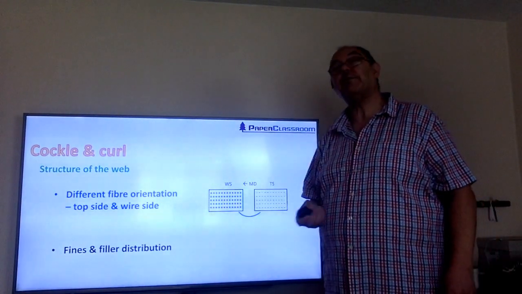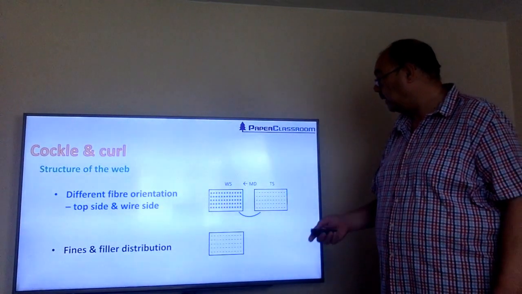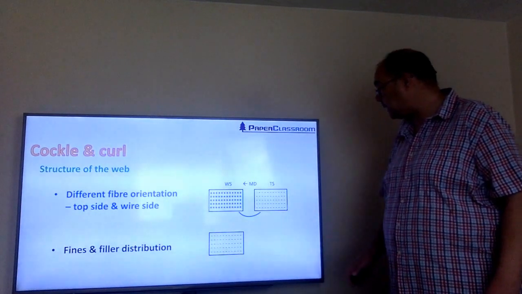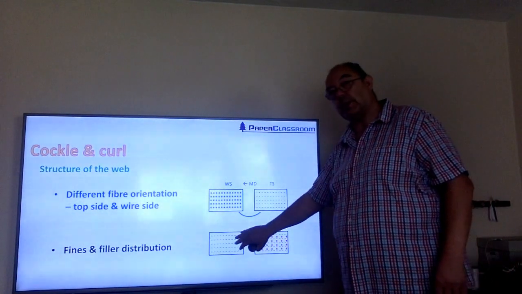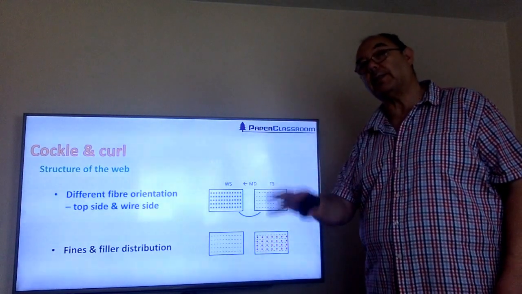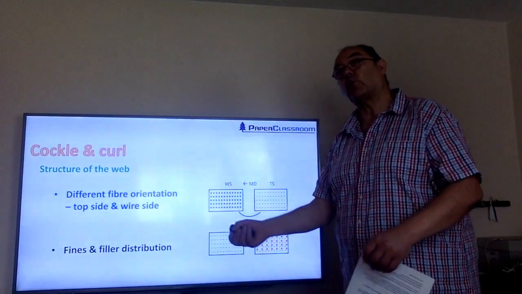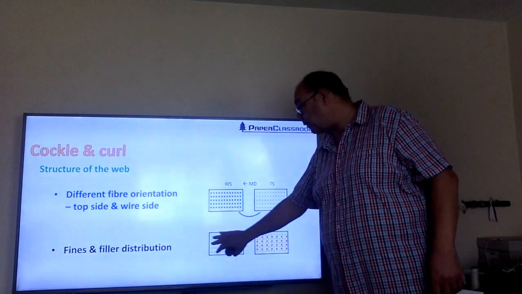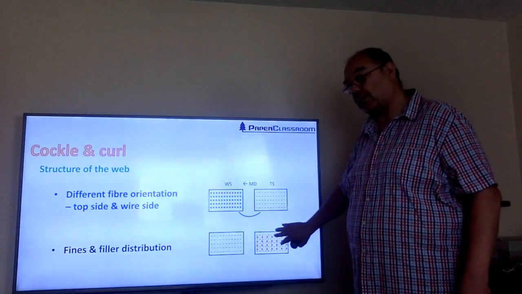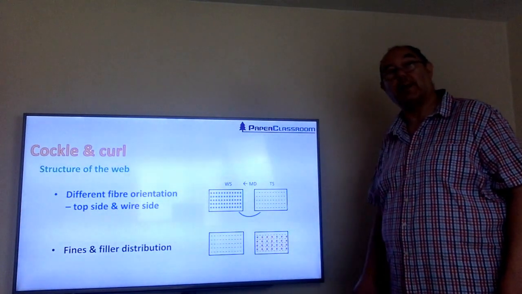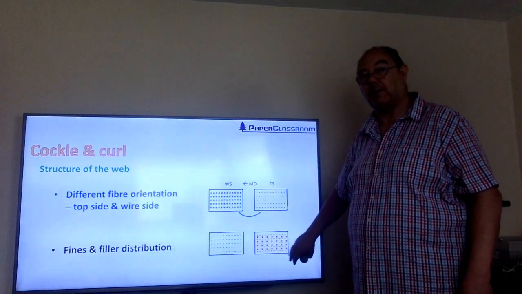The fines and filler distribution will also affect the sheet structure. Again, wire side of the sheet, top side of the sheet. On the wire side of the sheet, all the fibres are deposited on the wire, and it's very likely that filler particles will be washed away, so the wire side will be predominantly fibre. The top side of the sheet will catch all the filler particles, and so the top side will have a mixture of fibre and filler.